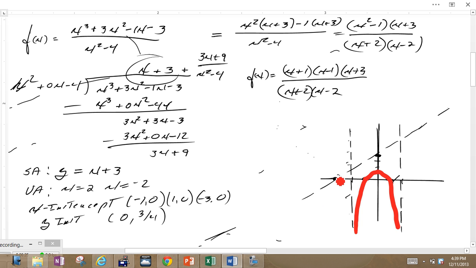Now I have another x-intercept here, and no other x-intercepts over here, so I can't go down through here because then that'll cross the x-axis. So looking at up here, and then I'm going to go through, and then I'm heading for the asymptote.